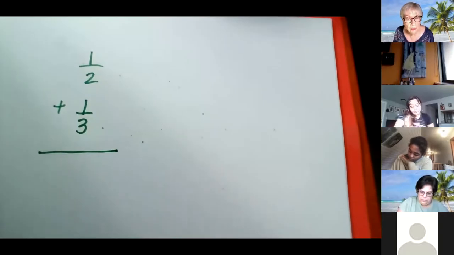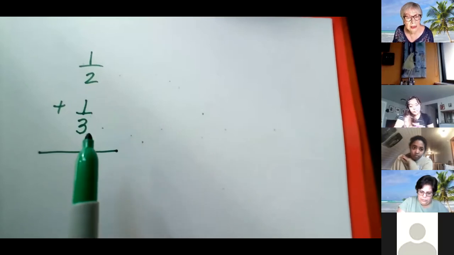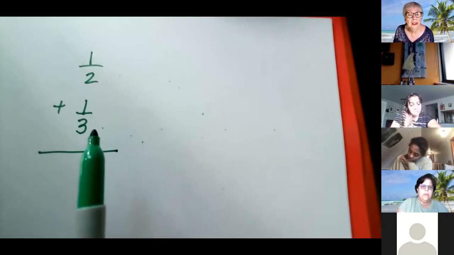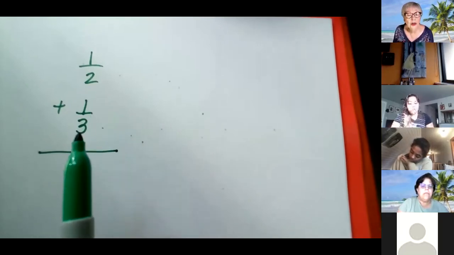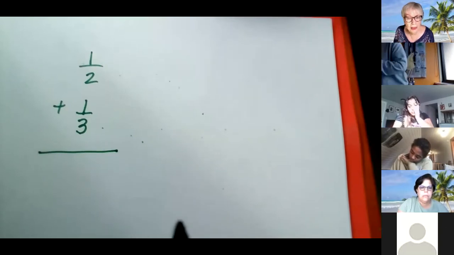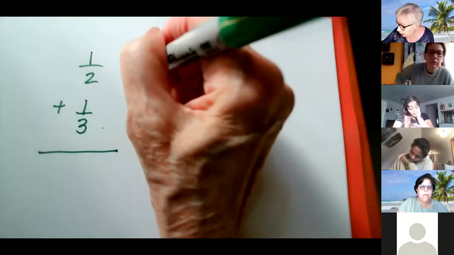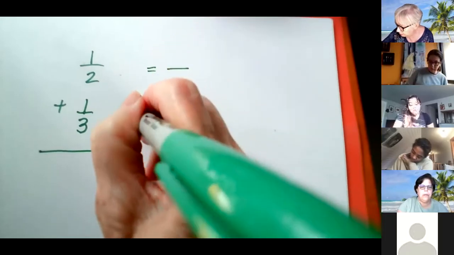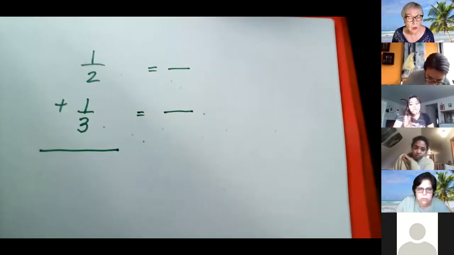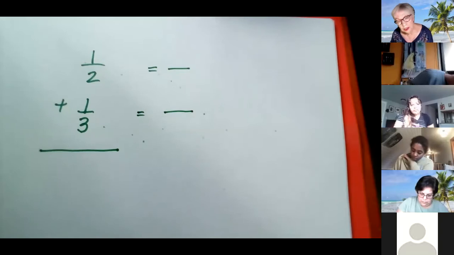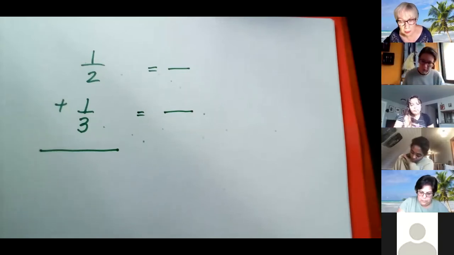What we're going to be working on is how to make them alike so that we can add them. The answer will be to get a common denominator that will work for both of them.